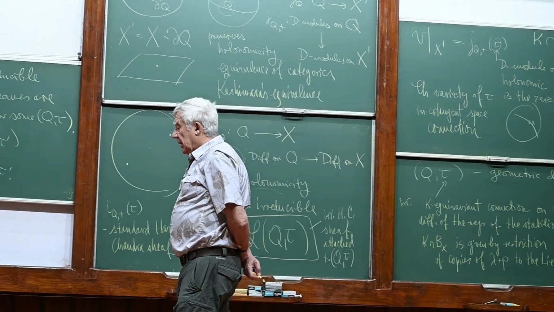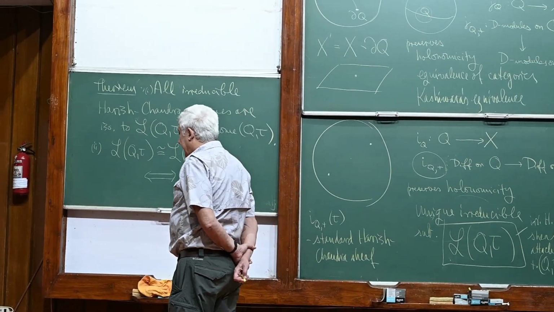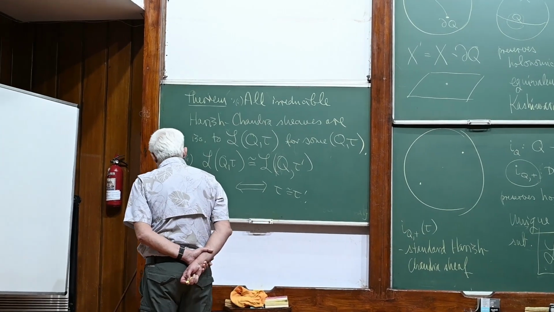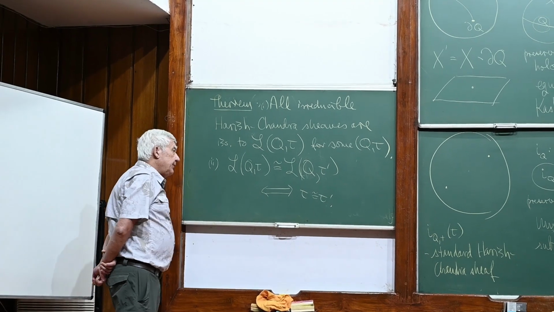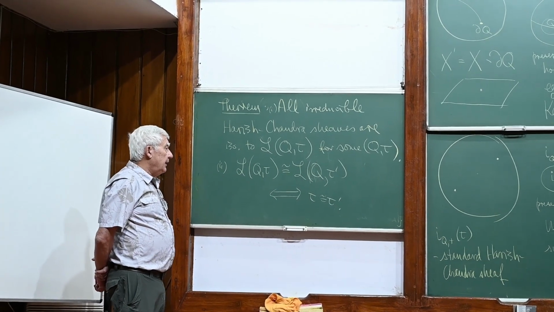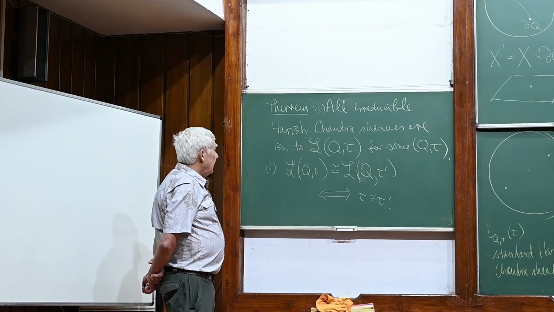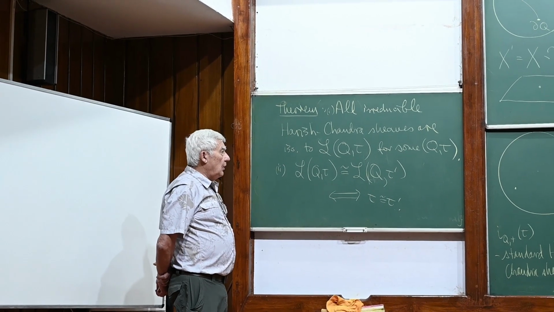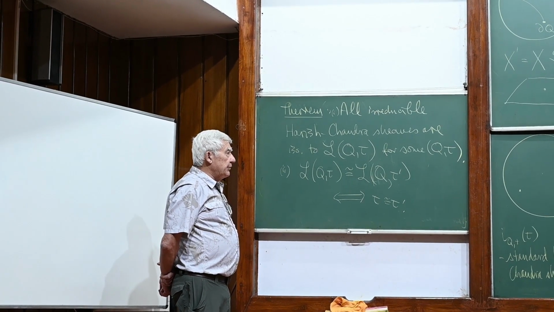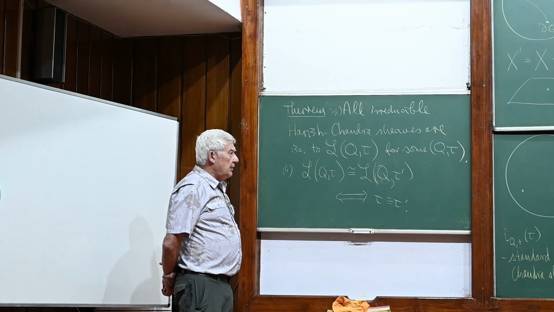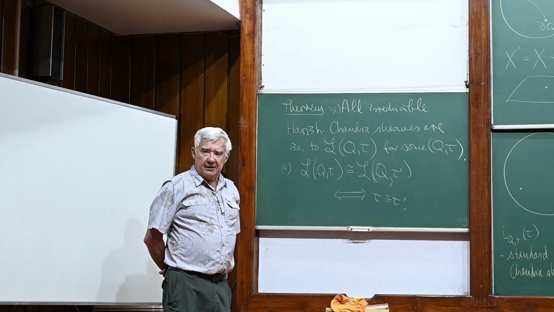Or if you are in anti-dominant situation and use equivalence of categories, this tells you that the number of irreducible Harshchandra modules for a given infinitesimal character is finite.